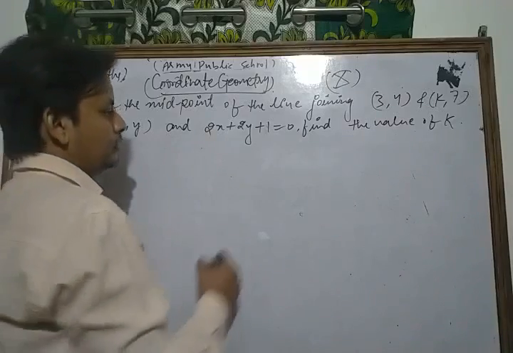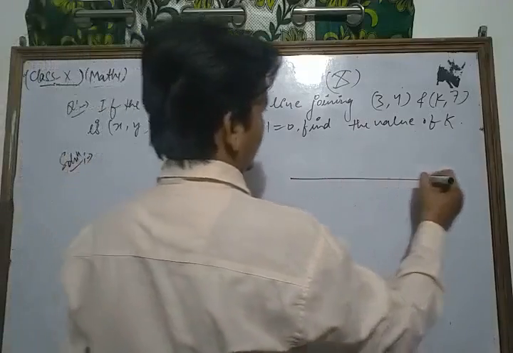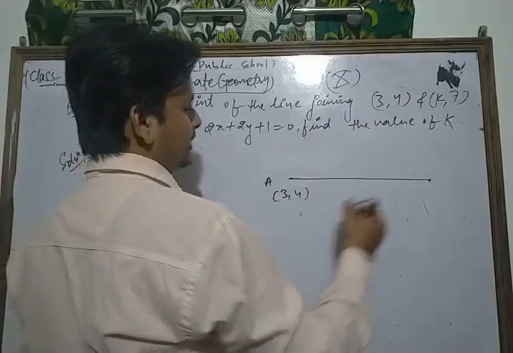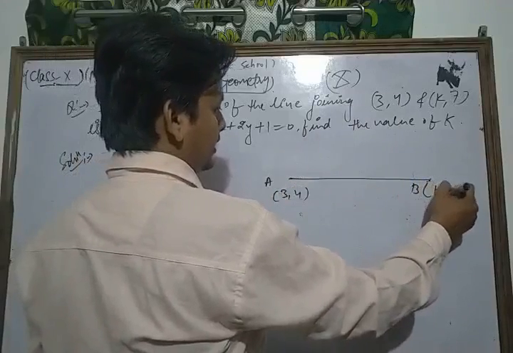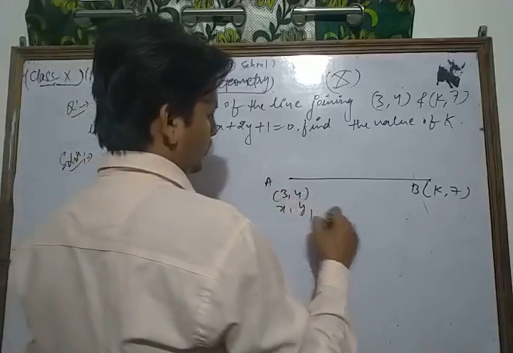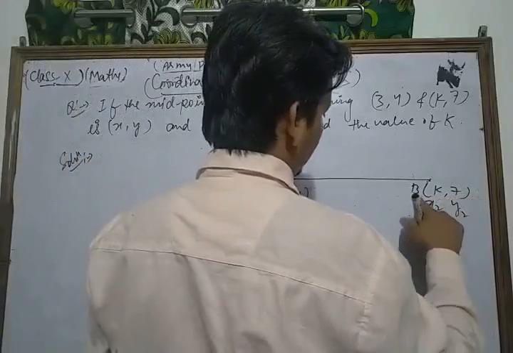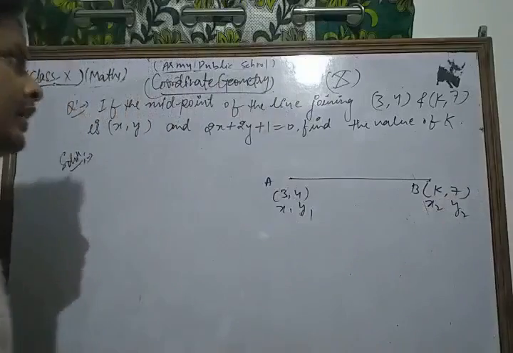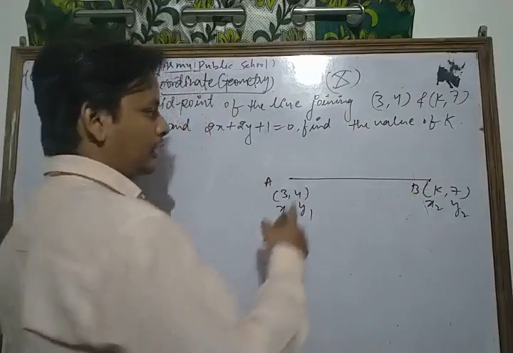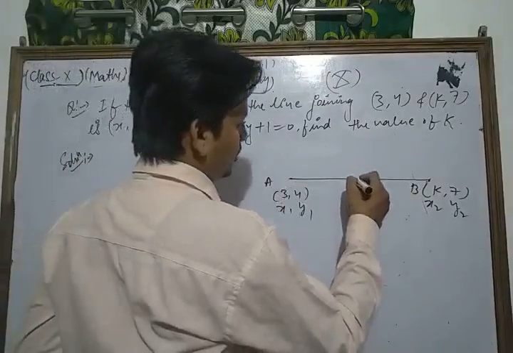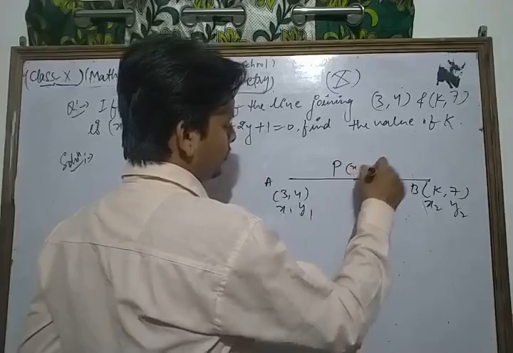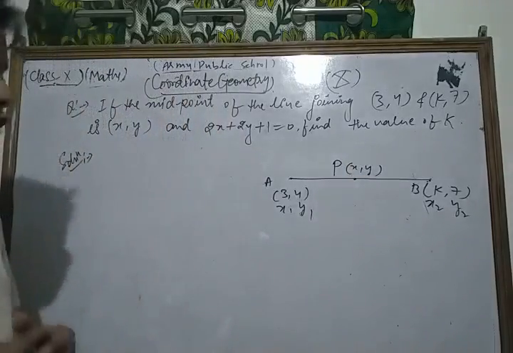First of all, we take two points: A as (3, 4) and B as (k, 7). This is (x1, y1) and (x2, y2).